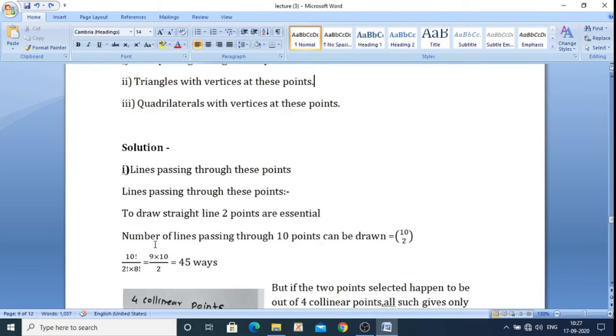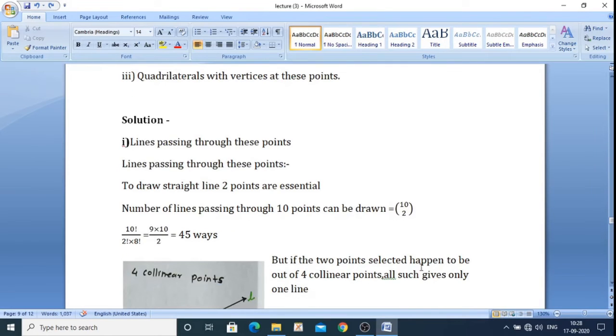We have 10 points, so the number of lines passing through 10 points can be drawn in 10C2 because we want 2 points. So simplify it, 10 factorial upon 2 factorial into 10 minus 2, that is 8 factorial. So up to 8 factorial it will get cancelled. So it is 9 into 10 divided by 2. So that is 9 tens are 90 divided by 2, that is 45 ways.